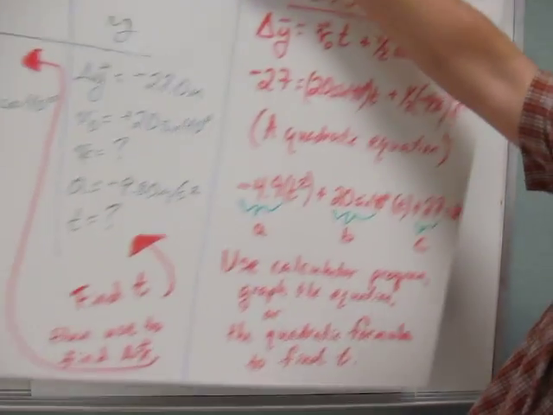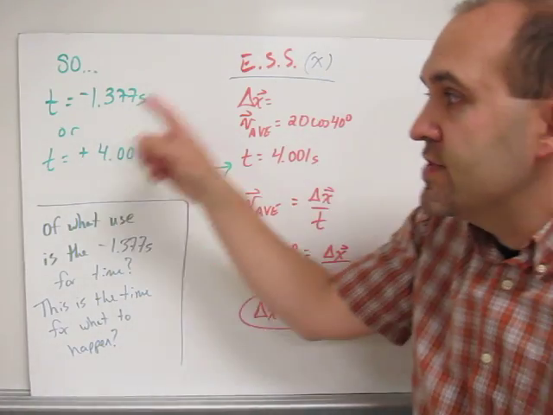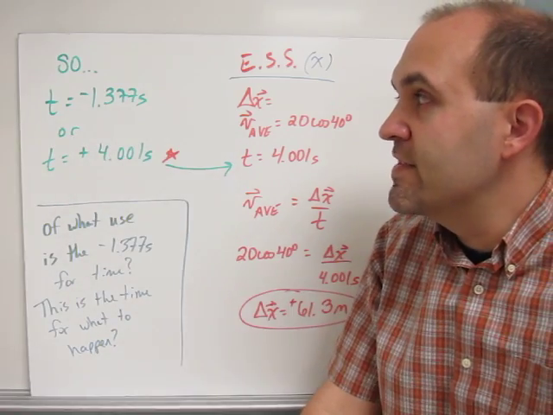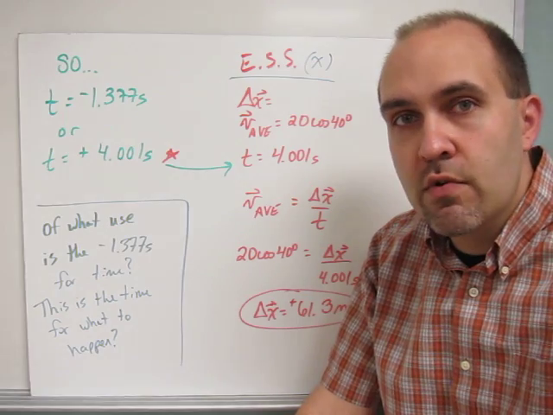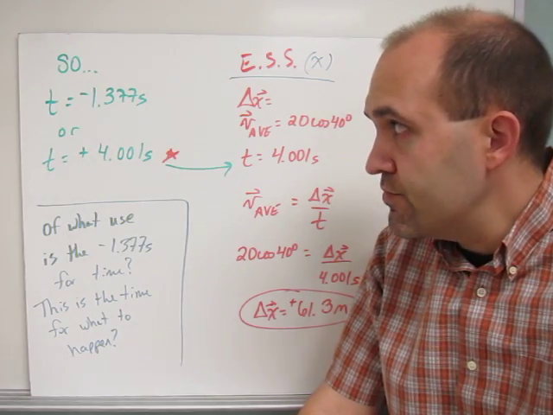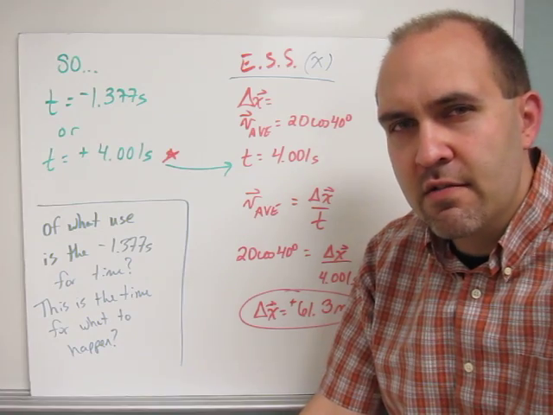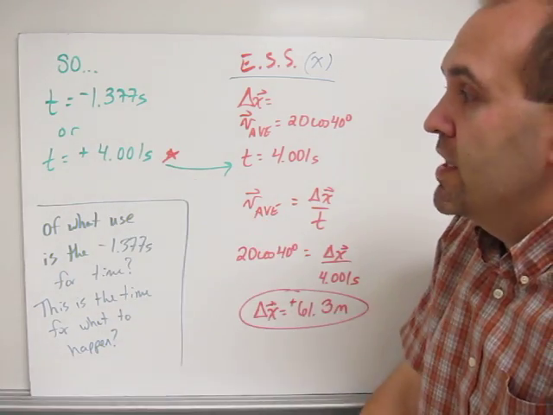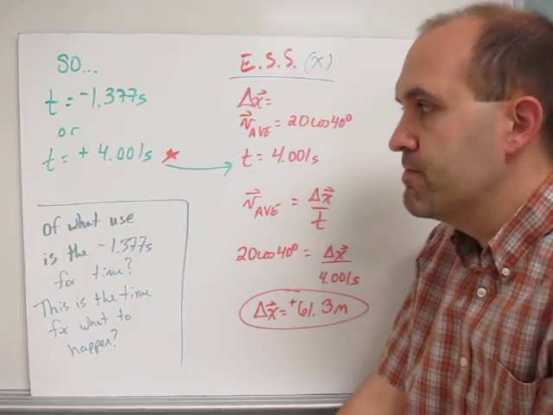Once you solve it, I use a little program on my calculator to do it. I got two answers for time. Time is either negative 1.377 seconds or time is positive 4.001 seconds. It's the positive time that I want. What does negative time mean? We'll come back to that. It's the positive time I want. It takes that projectile 4 seconds to go up and come back down.